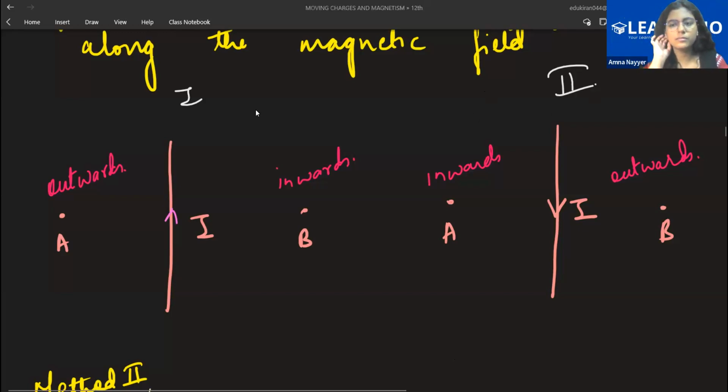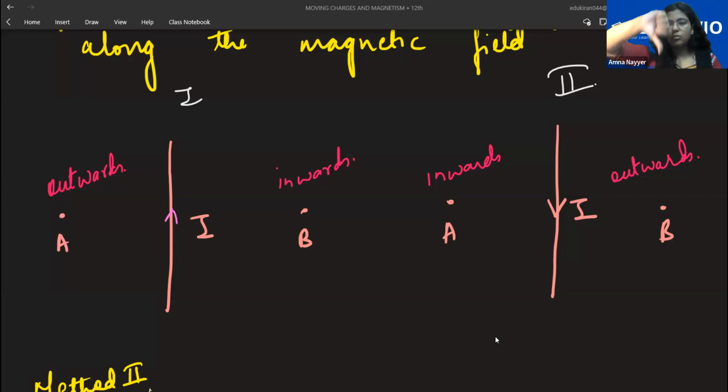Ma'am, could you explain the second one again, where the current is moving downwards? Yes. Current is going downwards, so we put our thumb along the direction of current. Look at my hand, this is my right hand, and this is the direction of current.